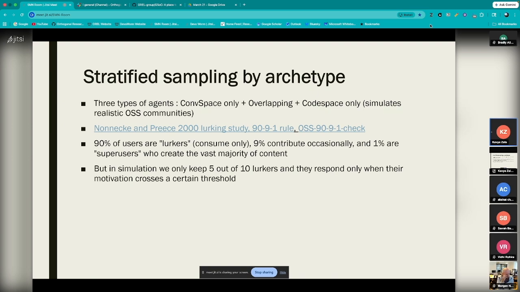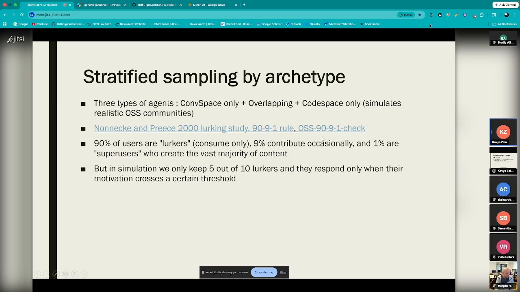So basically, this stratified sampling is needed because there is this 90-9-1 rule in social activities, and this paper on OSS confirms what the original paper is talking about.